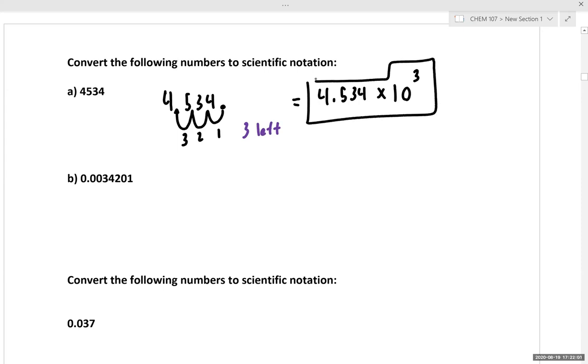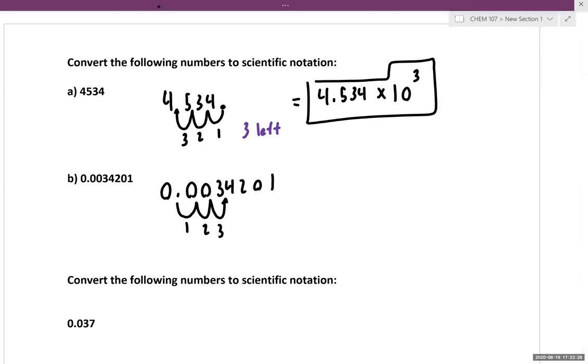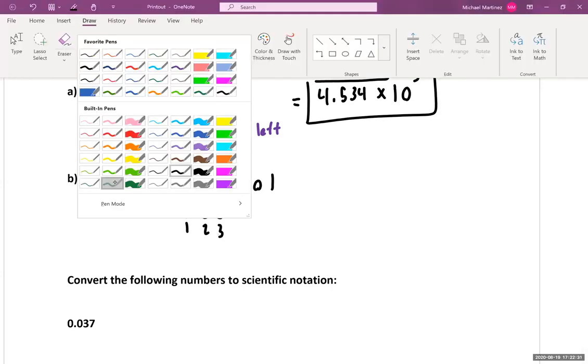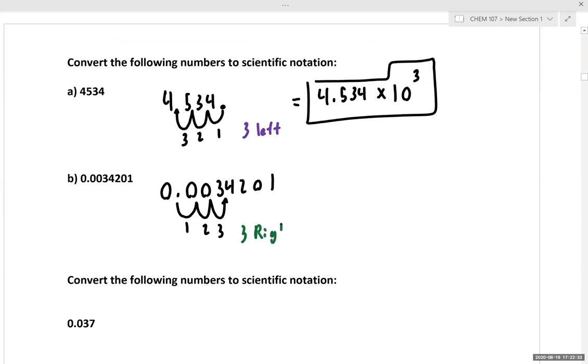Looking at this other number, we have 0.00342201. And that may seem like a lengthy number, but you do have to keep all of the digits. When you're writing numbers in scientific notation, do not get rid of any of the digits. So now to get a number between 1 and 10, I'm going to move my decimal point a total of 1, 2, 3 spaces, except this time I'm moving my decimal point 3 spaces to the right.